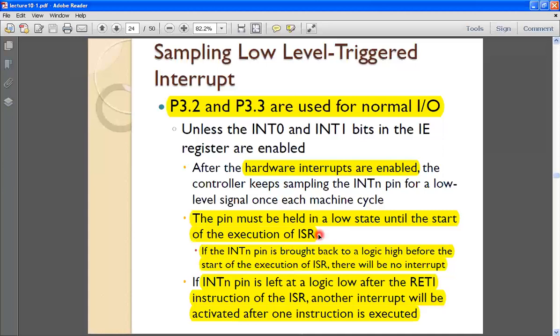So we have to hold this pin continuously at a low state for a particular number of machine cycles. If the INT pin is brought back to logic high before the start of execution of ISR, there will be no interrupt. That means if you pressed the switch and half a machine cycle passed, and before that you removed your hand and immediately placed it on the switch again, it will identify that no interrupt has come yet. If the INT pin is left at a low logic after the RETI instruction of ISR, another interrupt will be activated after one instruction is executed.